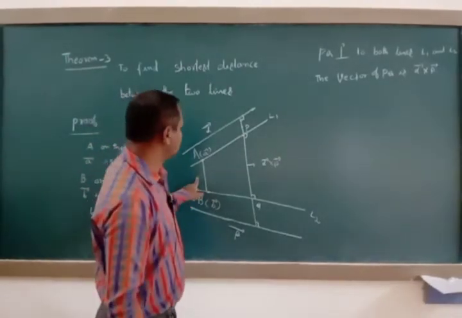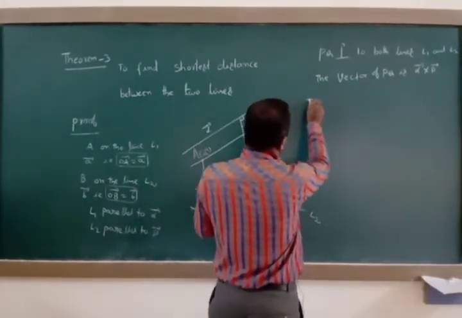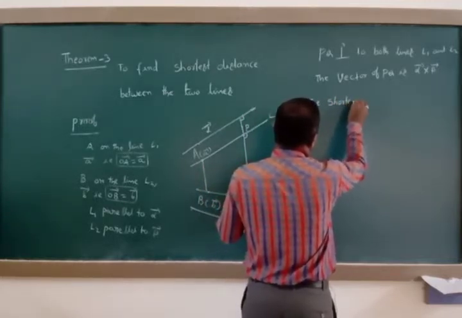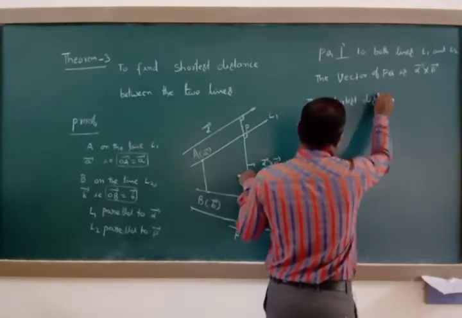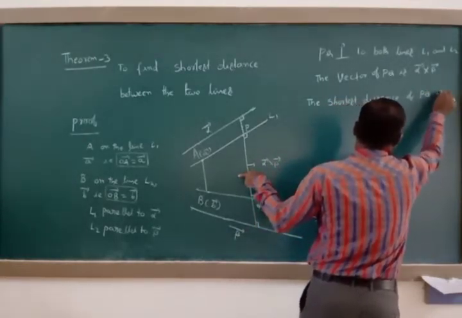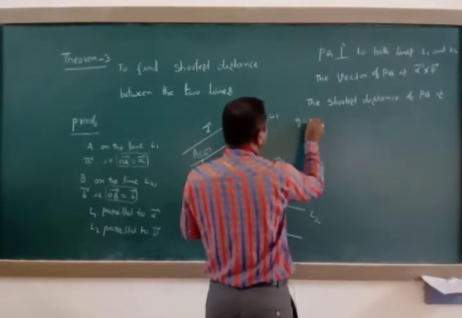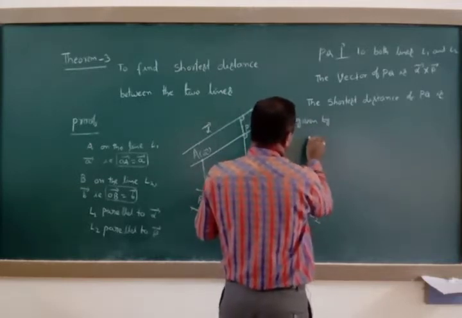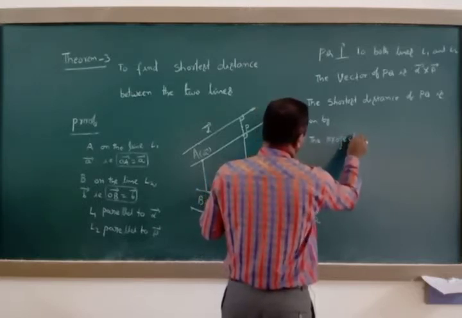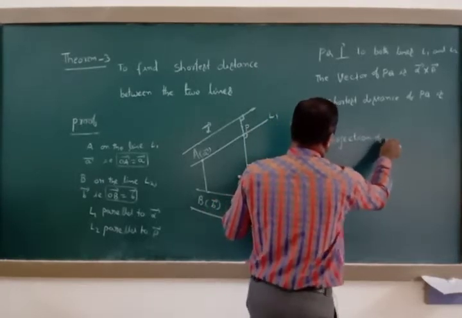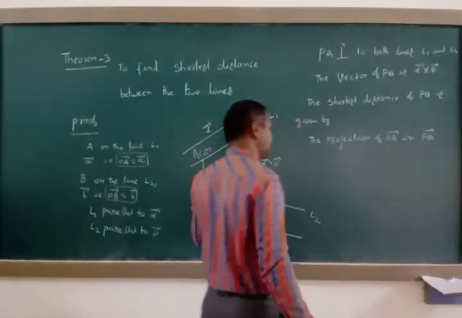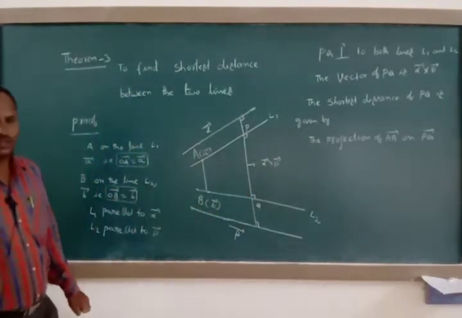The shortest distance PQ is given by the projection of AB vector on PQ vector.